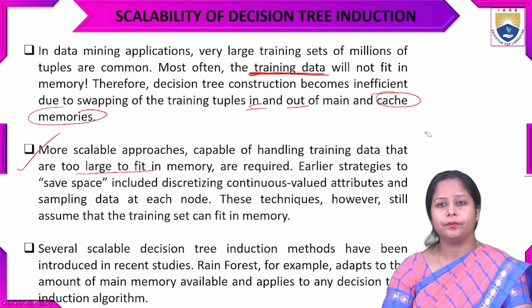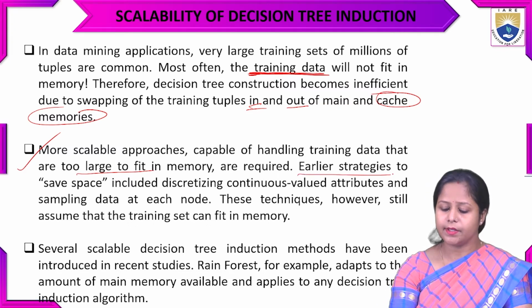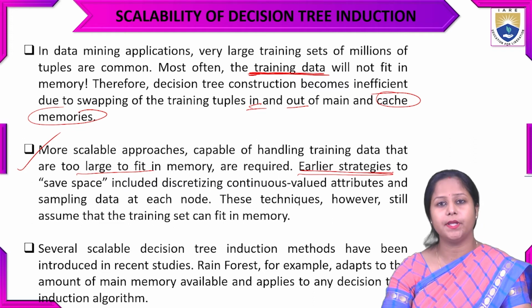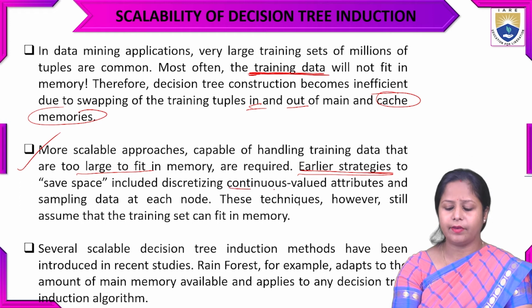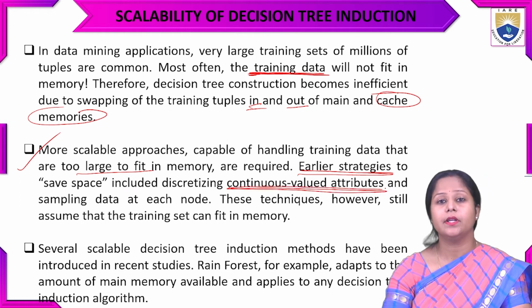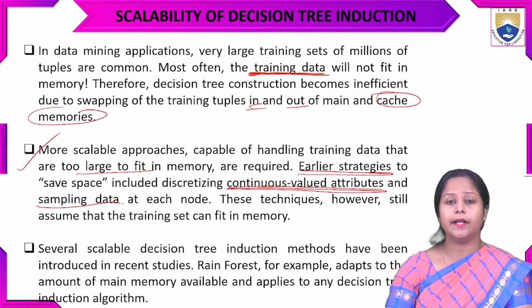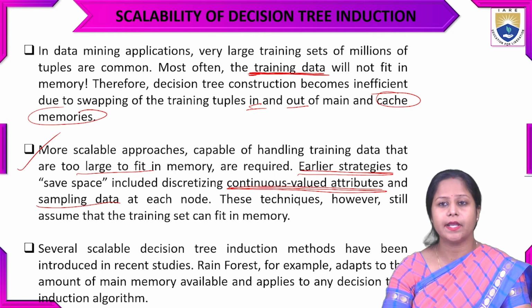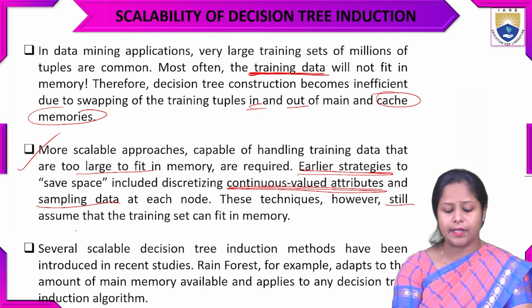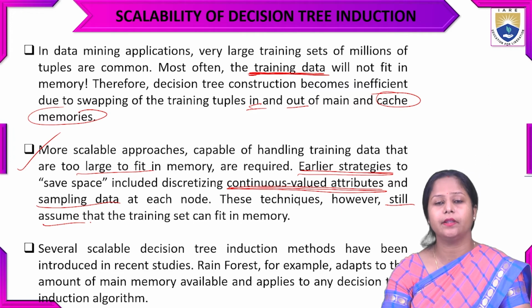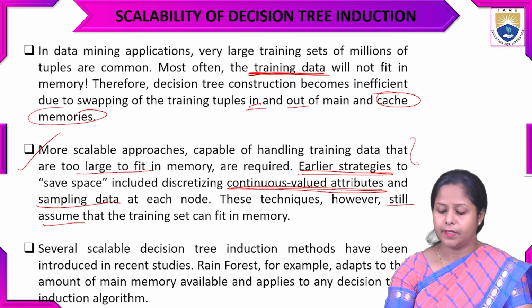The earliest strategies to save space included discretizing continuous valued attributes and sampling data at each node. These techniques, however, still assume that the training set can fit in the memory.